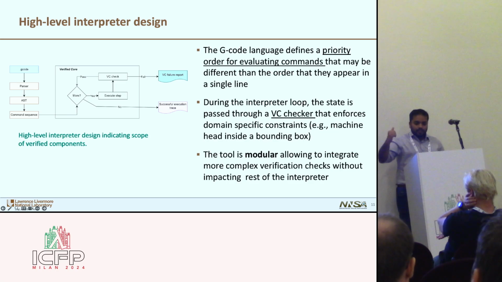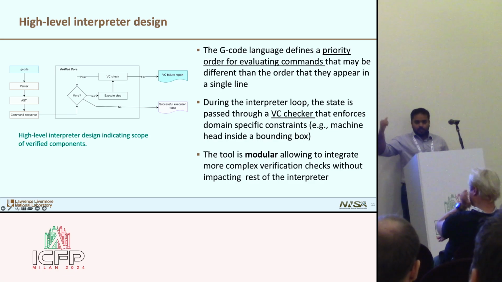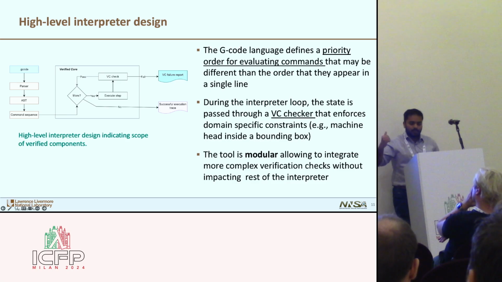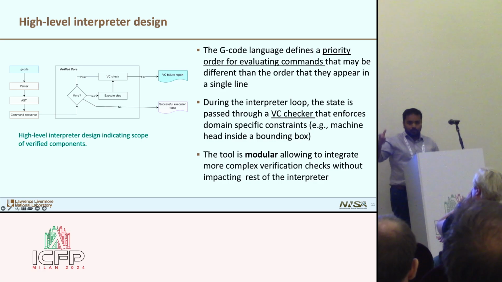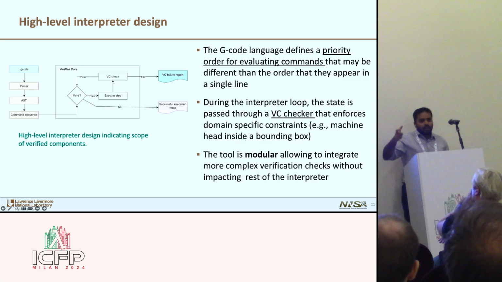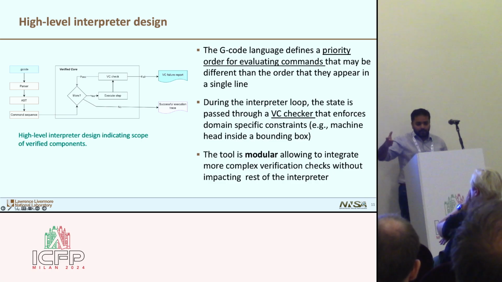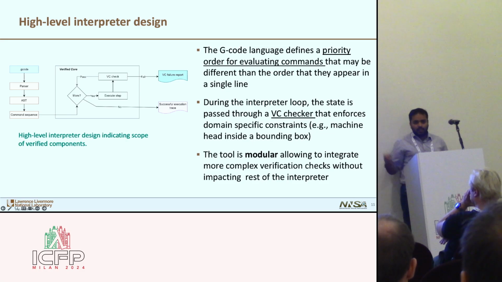This output state is then fed into the VC checker, or the verification condition check, which also forms part of the verified core. What the VC checker does is enforce domain-specific constraints, like the machine state being inside the bounding box. If the output state satisfies this VC check, then the interpreter step function steps through the next command sequence, and the process repeats until we reach the end of the file.